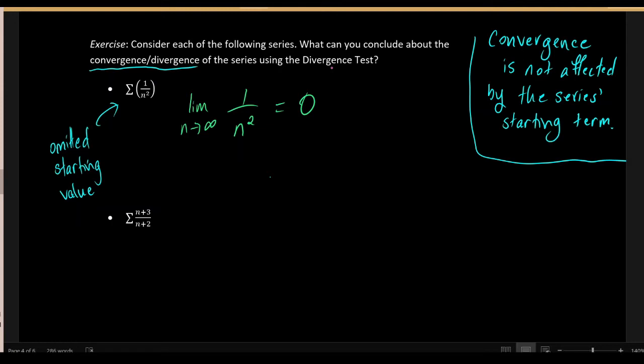Because this sequence converges to 0, neither of the hypotheses of the divergence test are satisfied. So this test is still locked and inaccessible, which means what can I conclude about this series using the divergence test? I can conclude absolutely nothing about this series because the divergence test is still locked.